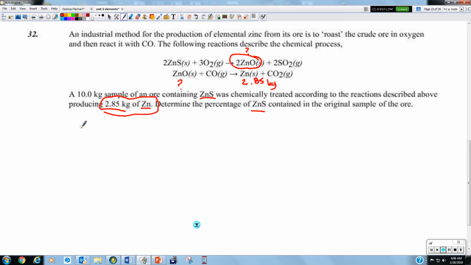I'm going to start off with 2.85 kilograms. Now, is this unit useful for me in converting to moles? No. So what's the first thing I need to do? Convert it to grams. How many grams is 2.85 kilograms?